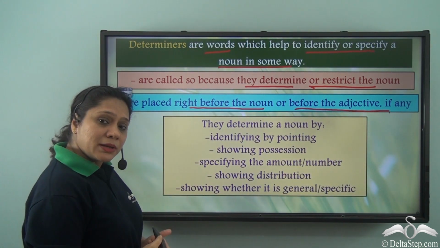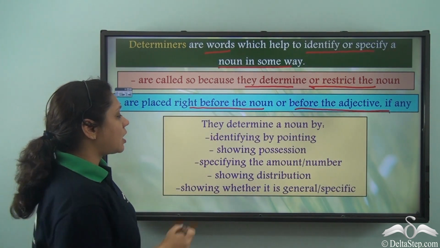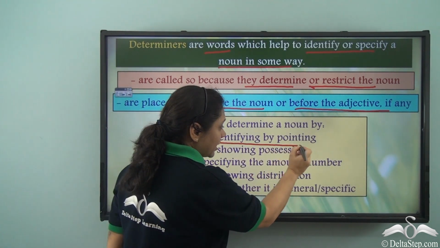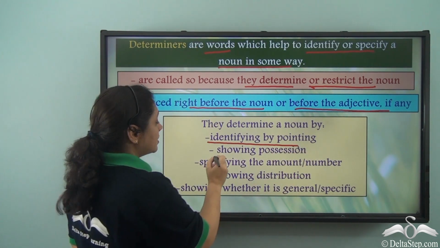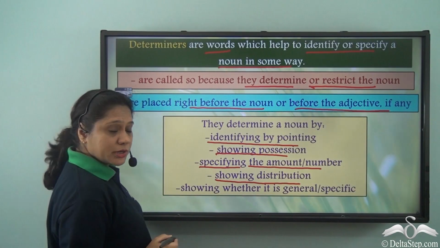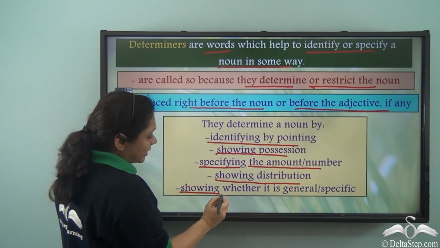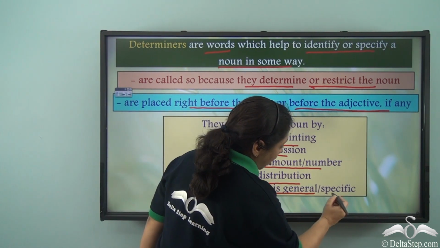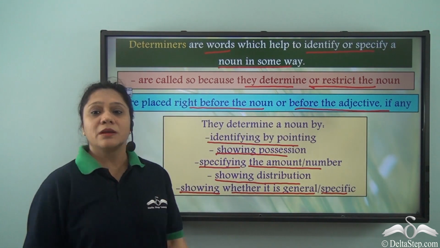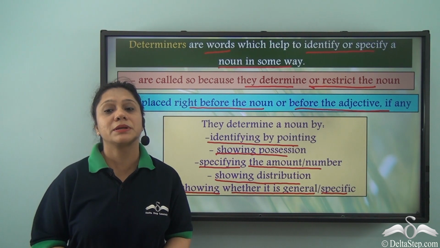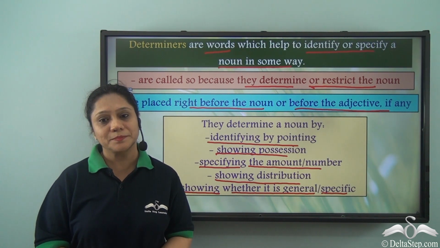How do they determine a noun? They determine a noun by identifying, by pointing at it, by showing possession, by showing distribution, or by showing whether it is general or specific. We shall soon learn about determiners in more detail.